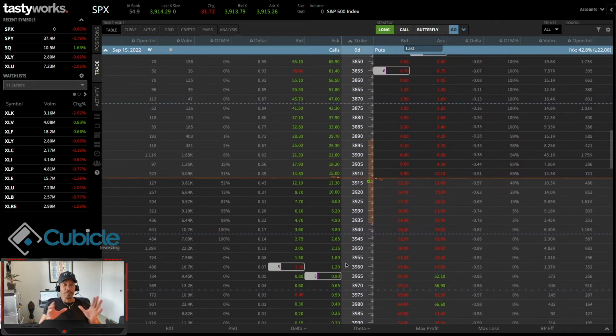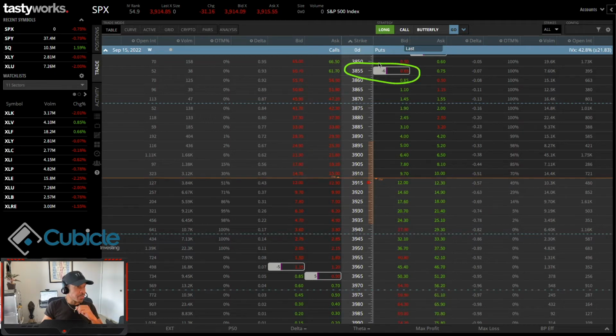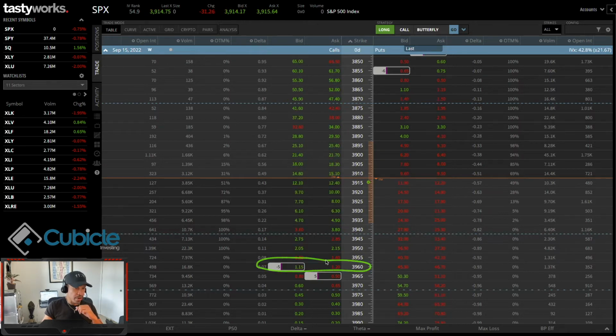So the objective of this position, in order for me to walk away with the entire $295, is that this circle here that represents the price of SPX has to stay in between my strike of 38.55 on this put credit spread and my strike price of 39.60 on this call credit spread.